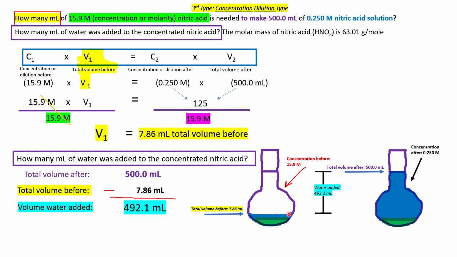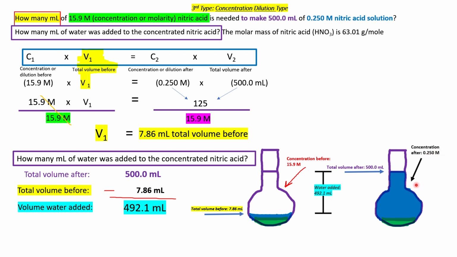And the concentration before is 15.9 molar. What they're asking is basically how much water we had to add to have a volume of 500 milliliters of the diluted solution.